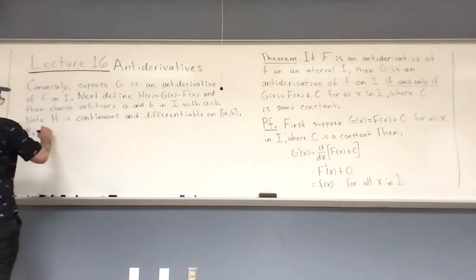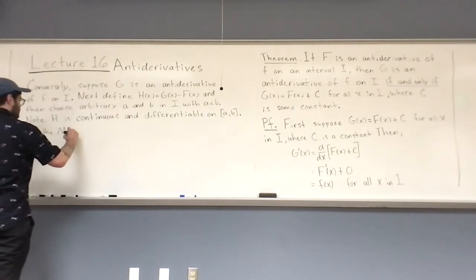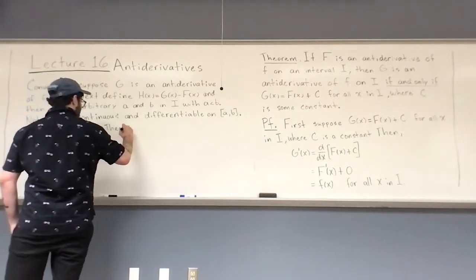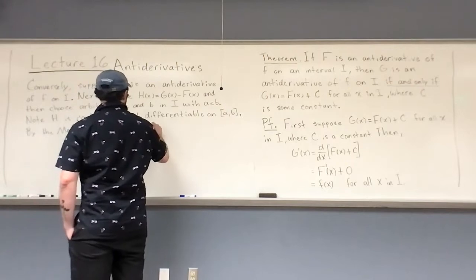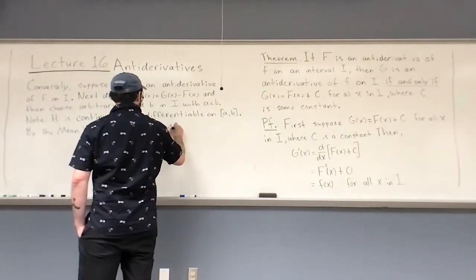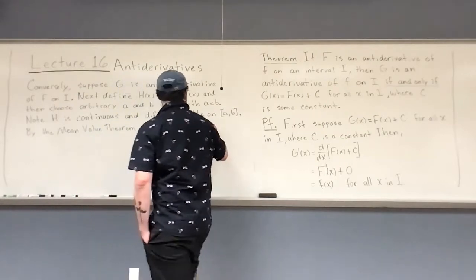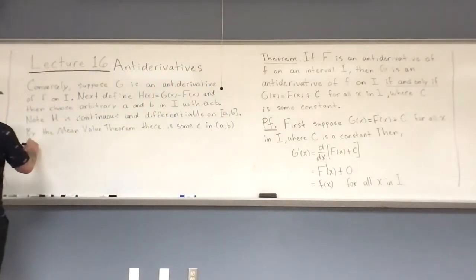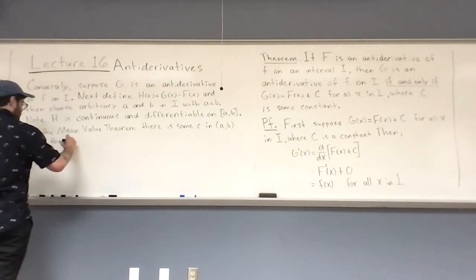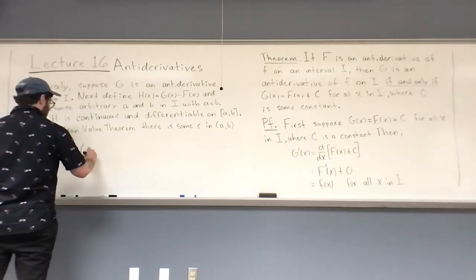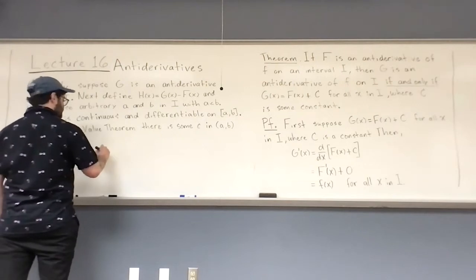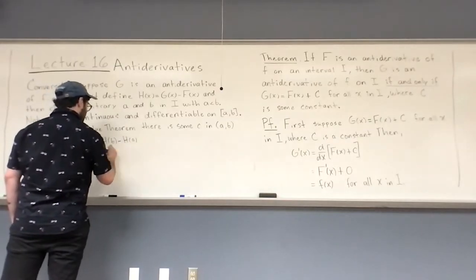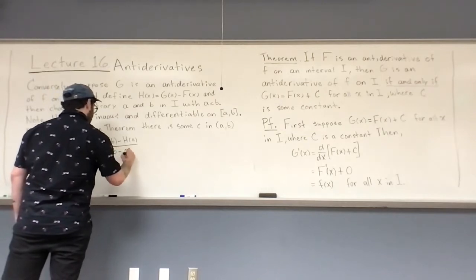So by the mean value theorem, there is some c in the open interval (a, b) such that h prime of c is equal to h of b minus h of a divided by b minus a.